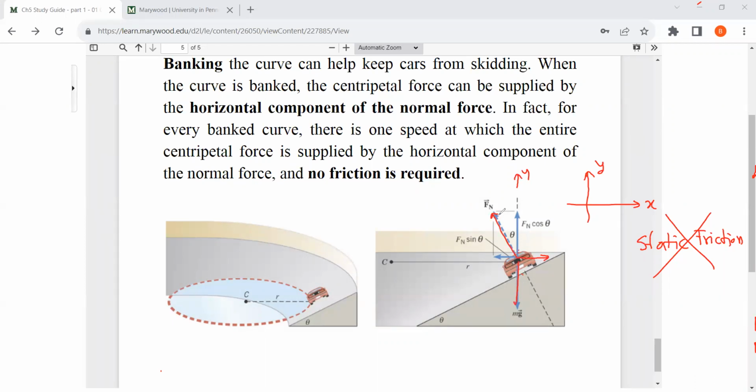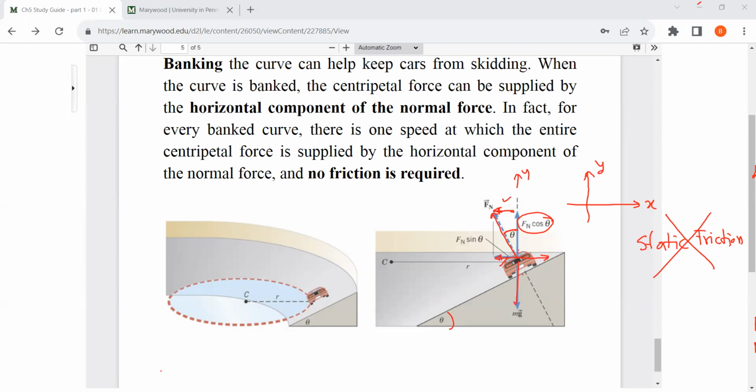If this angle is theta, by using geometry you can show that this angle is also theta, and then you can break it into its components. The adjacent component is FN cosine theta, and the opposite component is FN sine theta.